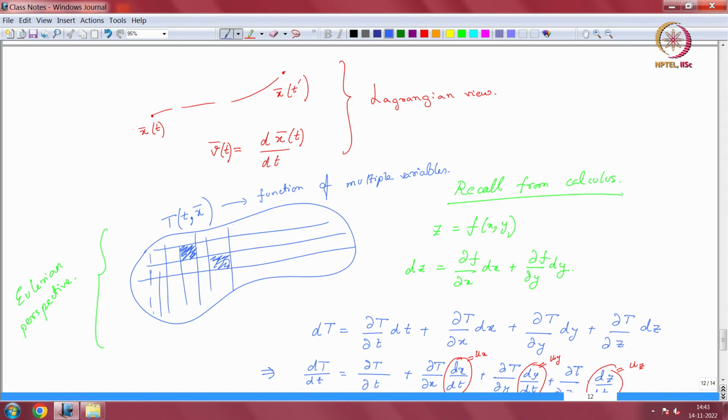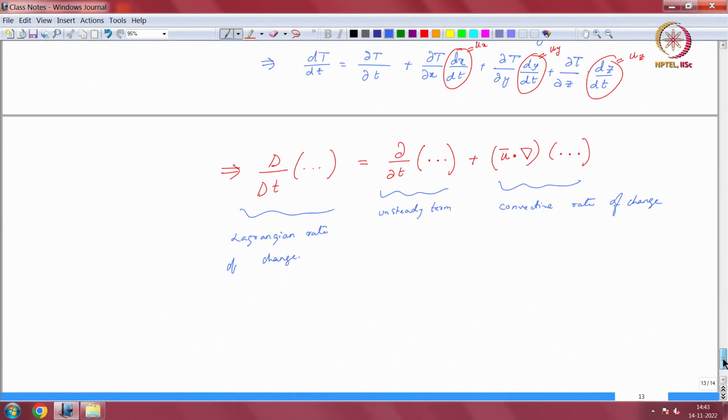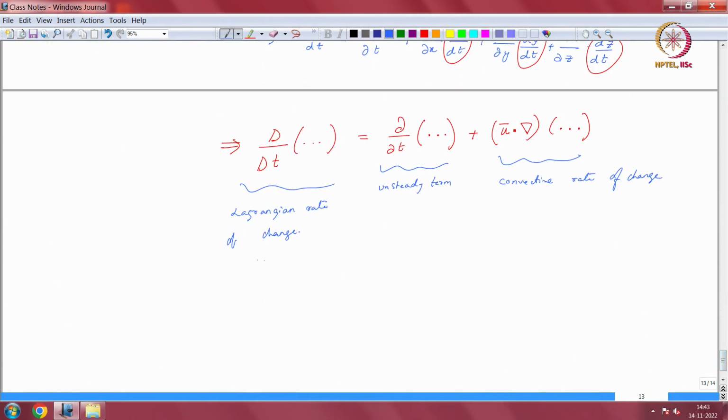Because of this issue, that my variable becomes a function of multiple variables, the way I do my total derivative changes, and hence in order to get the Lagrangian rate of change, which we have to use in the Newtonian equation f equal to ma, we have to use this derivative, and it has to be calculated in this particular manner.